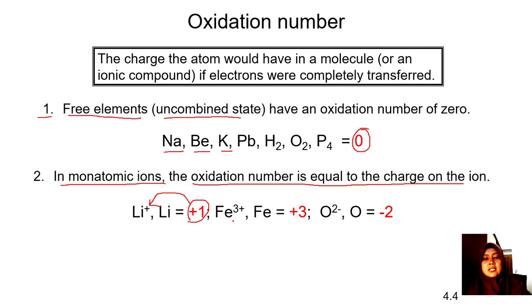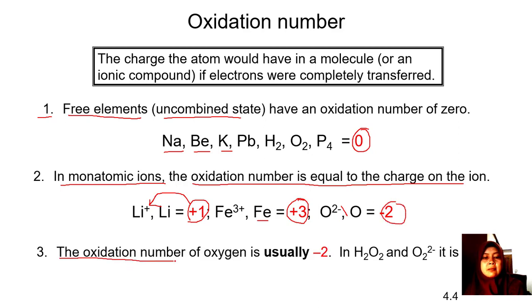When I have Fe3+, the Fe has oxidation number +3, and O2-, so the oxidation number is -2.